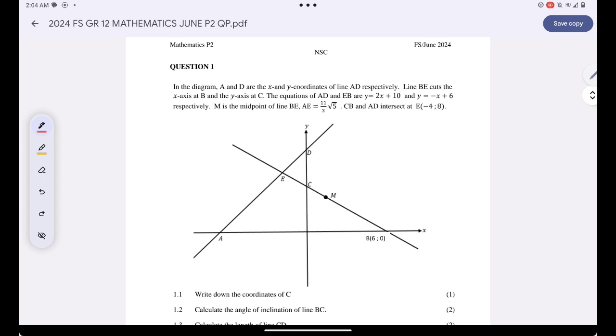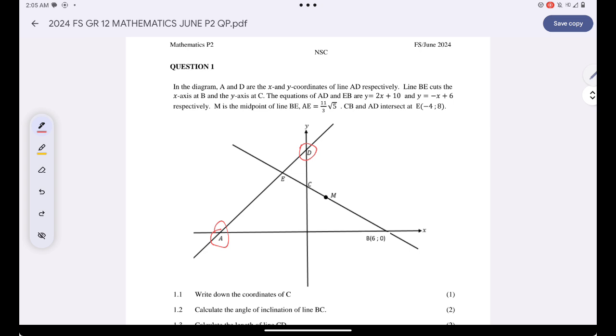Okay, let's work. We are told that in the diagram, A and D are the x and y intercepts of the straight line AD.